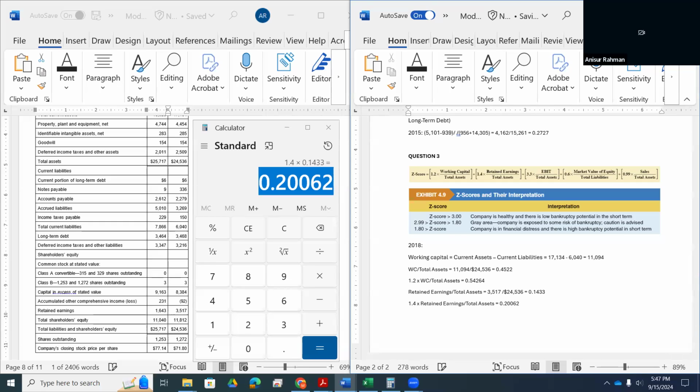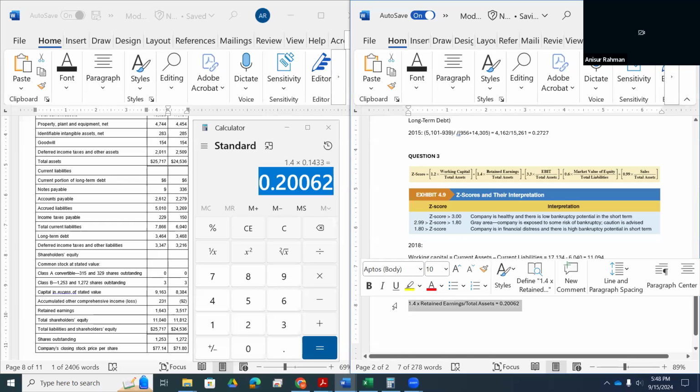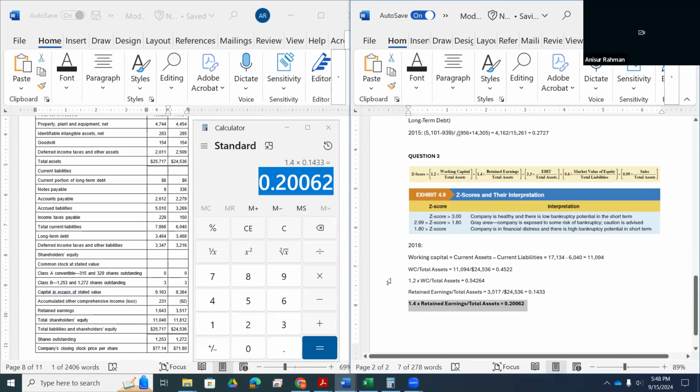Okay. So this is one, and then this is another. Now, EBIT over total assets.